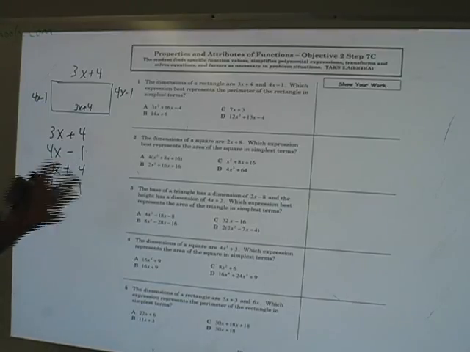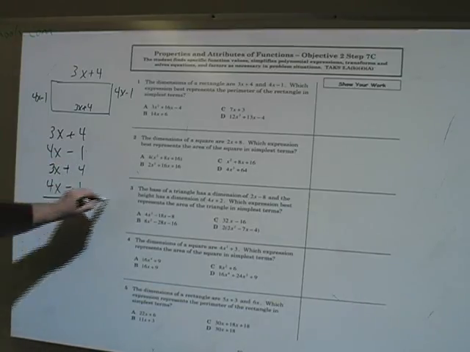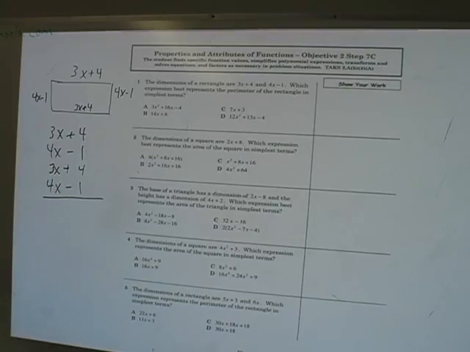And I'm going to add these vertically like this. Okay? Add up all the x's. 3 plus 4 plus 3 plus 4 is 14x. And then we want to add up all of our constants out here. 4 minus 1 plus 4 minus 1.